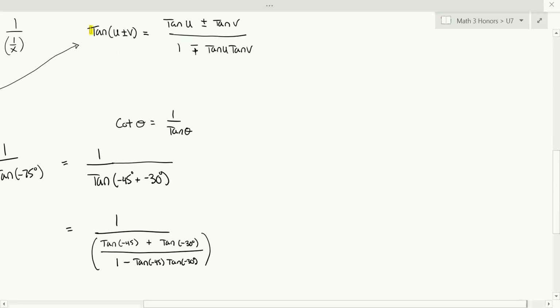So I'm using the tangent of u plus v. And so I want the tangent of u plus the tangent of v. And that's what I put here, the tangent of u plus the tangent of v. And I want it over 1 minus the tangent of u, tangent of v. And that's what I did here, 1 minus the tangent of u, the tangent of v.